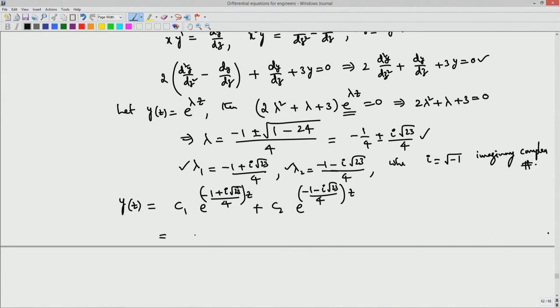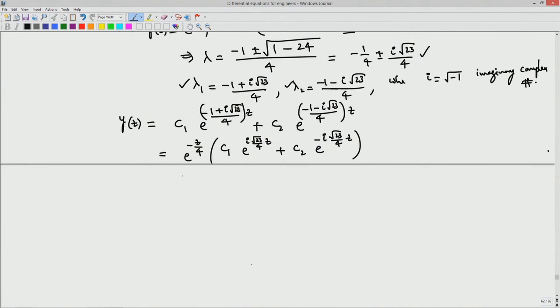So, this is equal to e power minus z by 4, which is common. So, we will have C1 e power I root 23 by 4 z plus C2 e power minus I root 23 by 4 z.